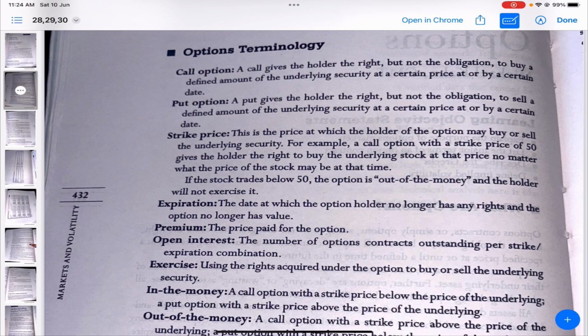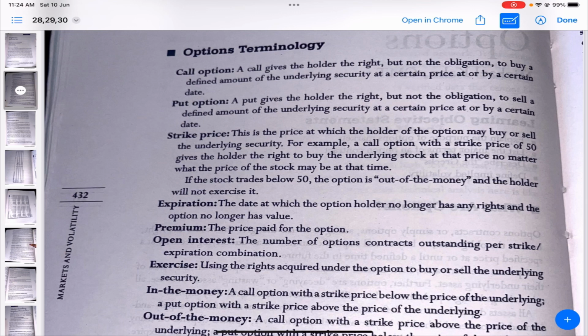For a call option, if Reliance is at 2000 right now and I think the price will go to 2050, I buy a call option, and if the market actually goes to 2050, I make money. If the market goes down to 1900, I lose money.